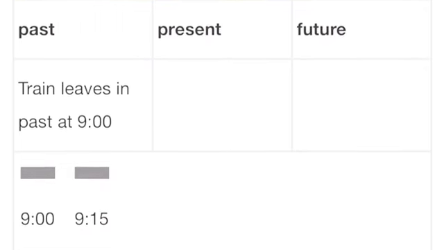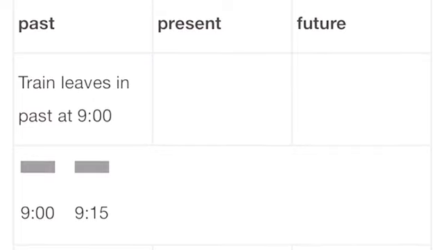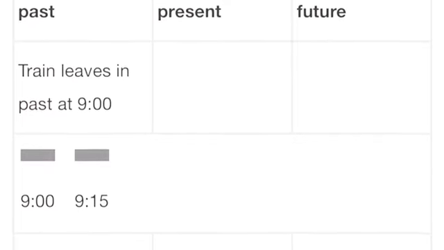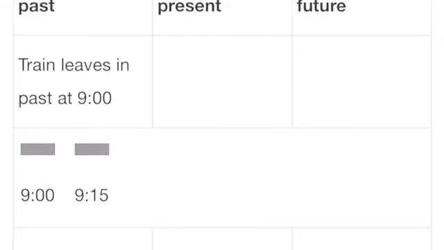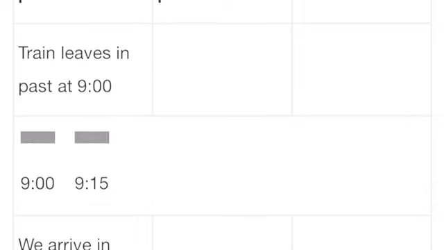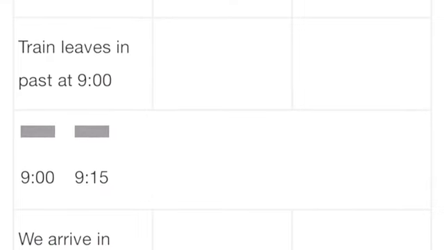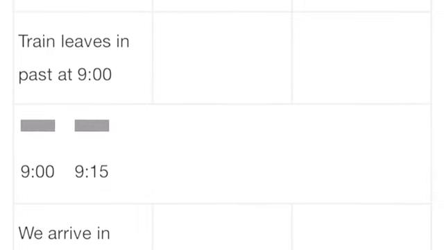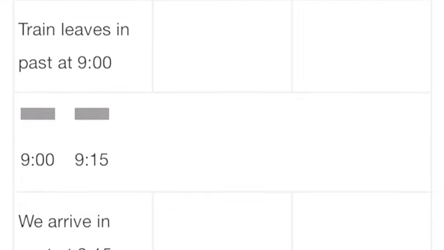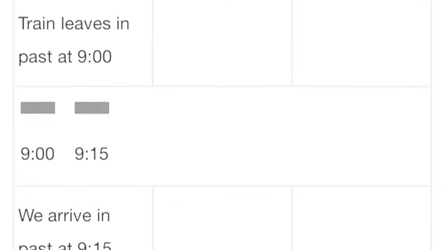Now see here, the train leaves in the past somewhere at 9. And when we are arriving, it is somewhere 9:15 in the past. So this is called the past in the past action.